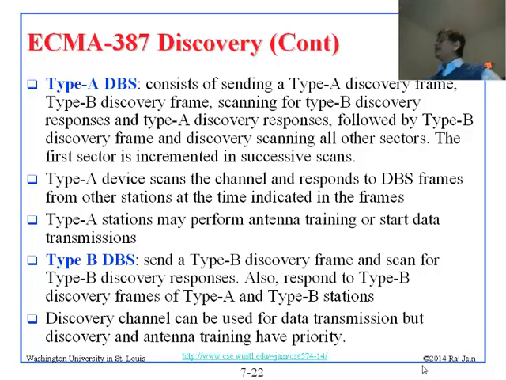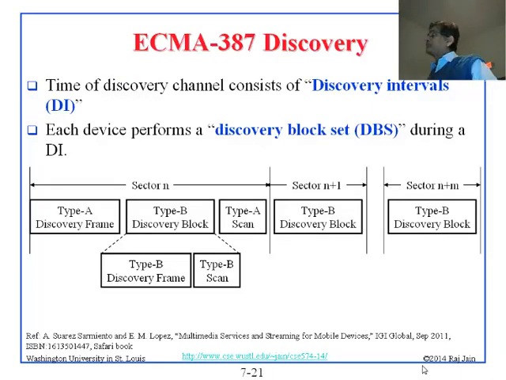So the type A DBS consists of sending a type A discovery frame, a type B discovery frame, type B scanning, type A scanning, followed by lots of type B discovery frames in all other sectors. The first sector is incremented in successive scans. What that means is, just like previously we saw, if you start in sector 1 and you did this extra work in sector 1, the next time you will do this in sector 2.